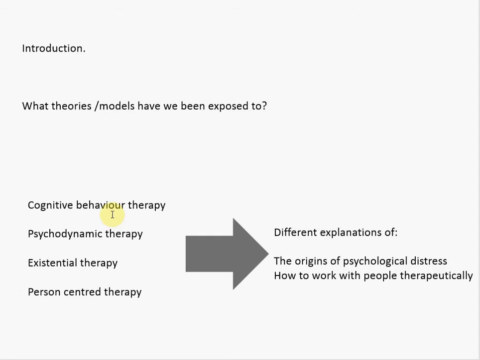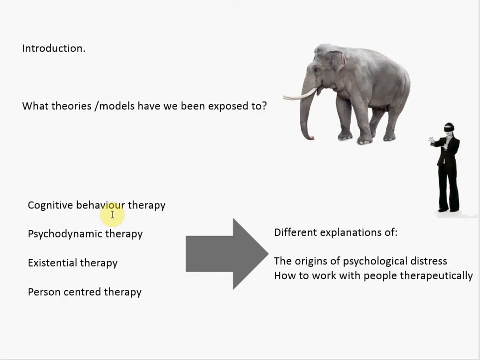The problem with these different models of therapy, as many of you will realise, is that they often give slightly different explanations of the origins of client distress. As a result, they may have different ideas and thoughts about how, as therapists, we should go about working with clients with particular issues. I often think that this is a bit like the parable of the elephant and the blindfolded counselling psychologist.